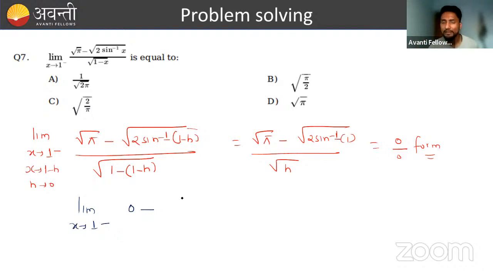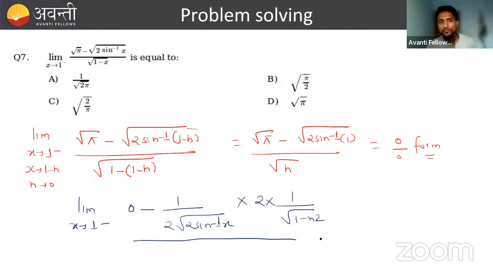You know that the derivative of root x is 1 by 2 root x. So I will write 1 by 2 root 2 sine inverse x. Then again we have to go inside because the chain rule is applied. And the derivative of 2 sine inverse x is 2 into 1 divided by root 1 minus x square.